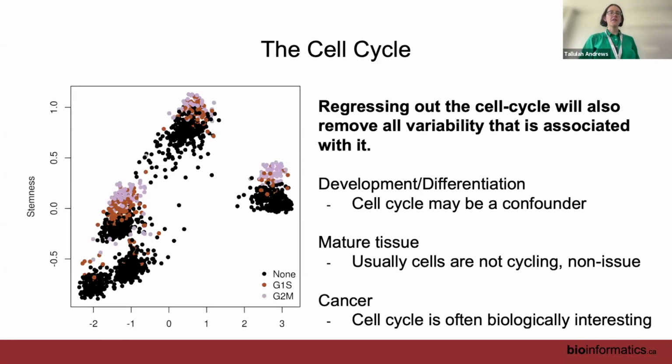For the cell cycle, there's lots of options for dealing with it, but you have to be a little bit careful because things like regressing out the cell cycle will also remove any variability that is associated with your cell cycle.